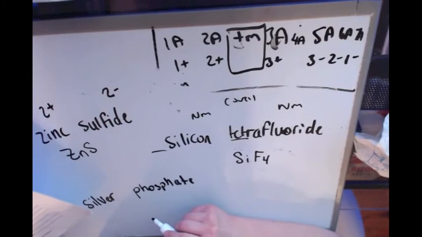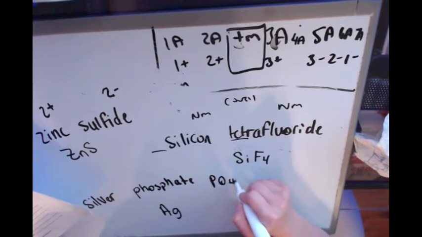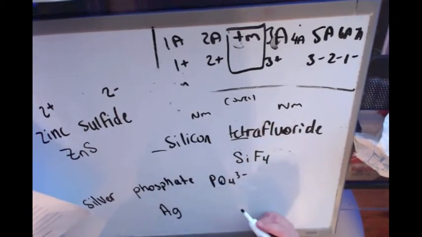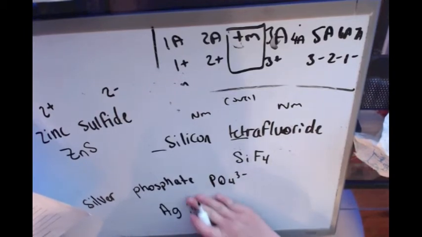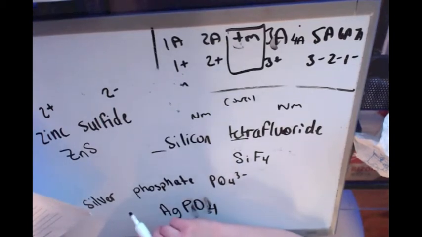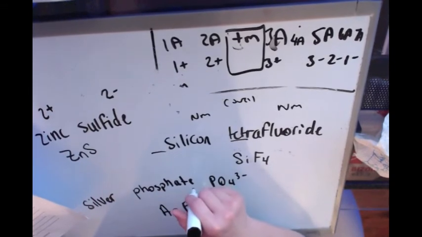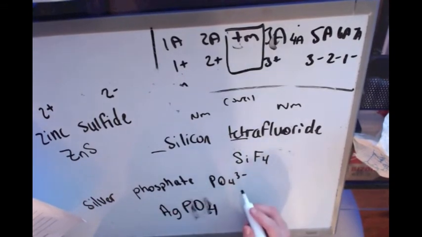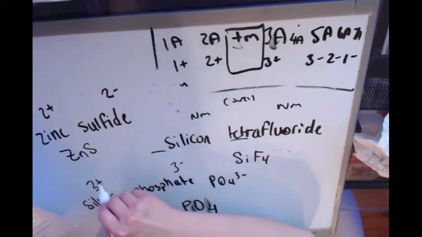Silver phosphate. Silver is written as Ag, and phosphate you should know is PO4 3 minus. It's a polyatomic anion, right? So you write PO4. Let me write it a little closer together. PO4. Alright, so silver is a transition metal, right? So its charge depends on this. Well, phosphate has a charge of 3 minus. So this must have a charge of 3 plus.